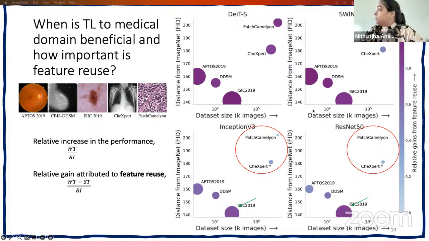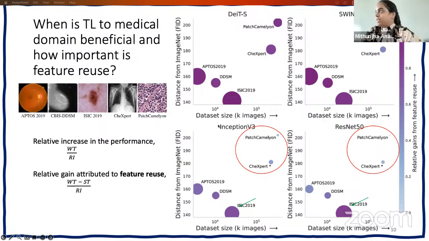Wait, the distance from ImageNet is on the dataset? No, they are calculating it using the FID metric, I think, the Fréchet Inception Distance.